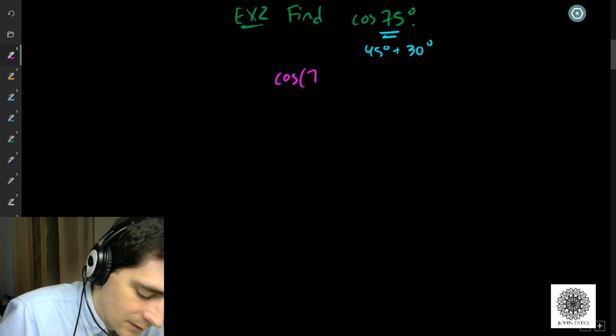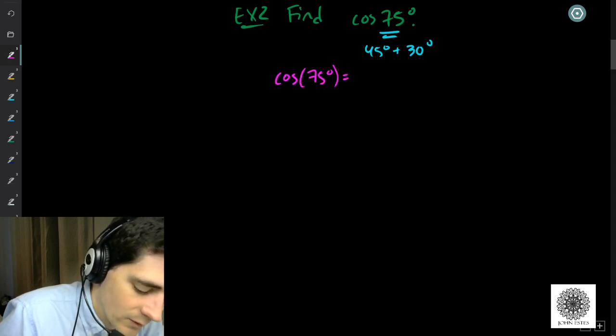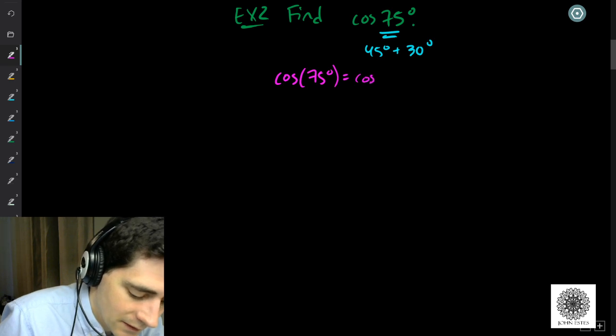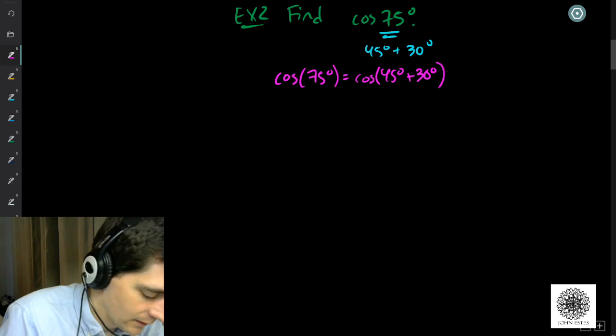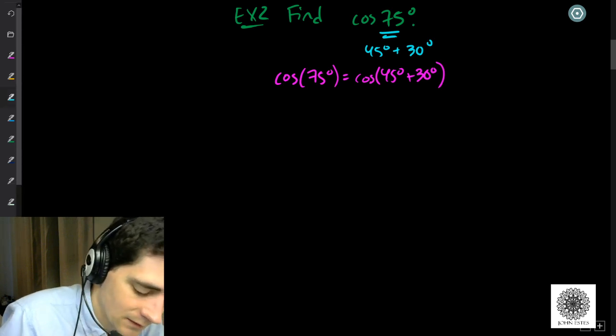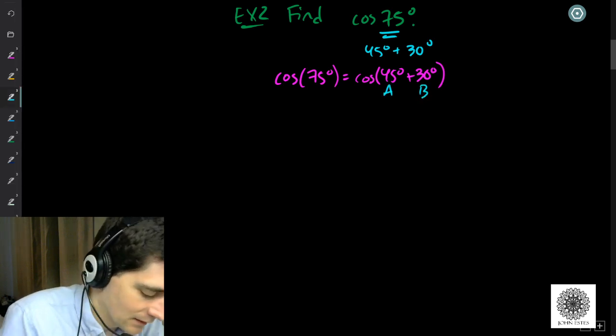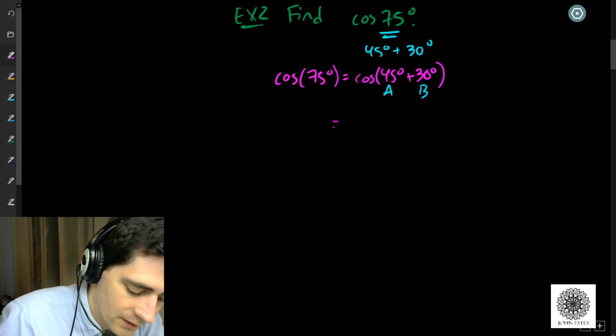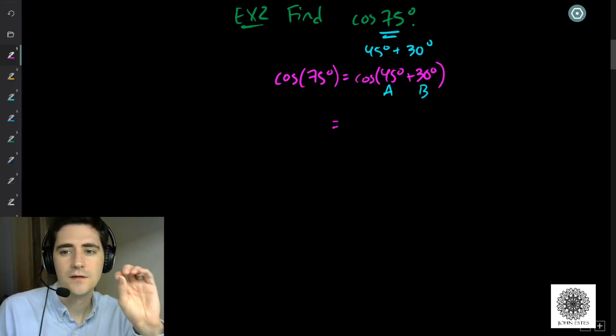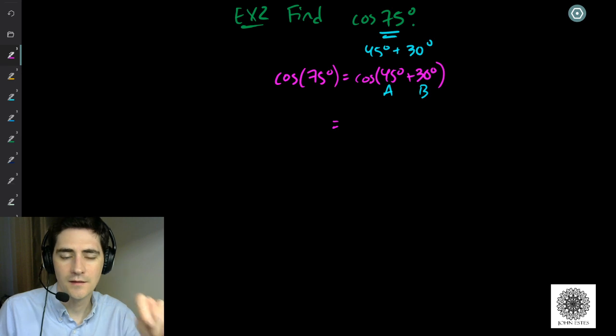I know then that cosine of 75, which is the same thing as cosine of 45 plus 30. All right, so if you want to, you can say that this is angle A and that's angle B. Will then have to be, let's see, what's the cosine of A plus B identity?